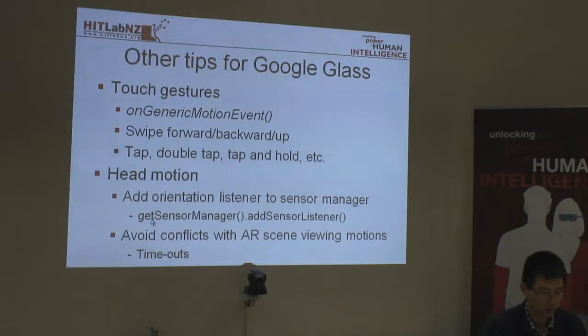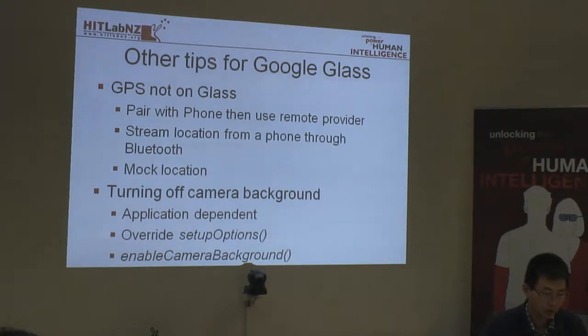Other thing I could point to is if you call this get sensor manager method inside that activity, then you can also add a listener to the sensor, which is listening to your head orientation, so that you can do some head gesture-based interaction if you want. A couple of tips when you run this application on Glass: Glass doesn't have GPS, so you have to pair it with a phone to get the GPS location.